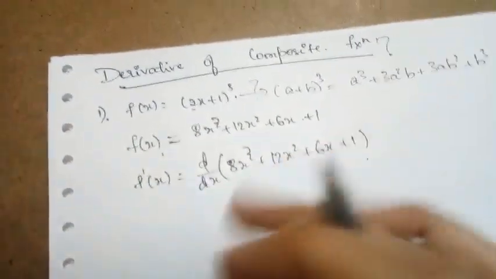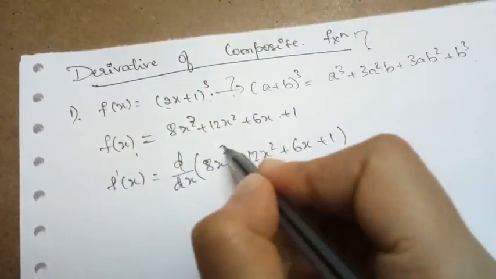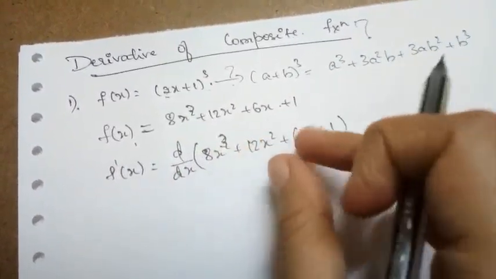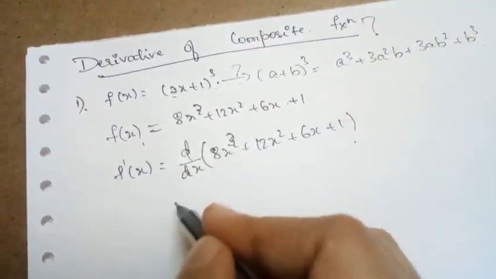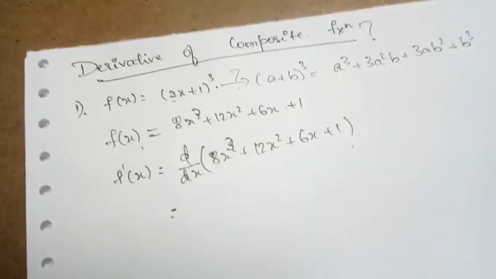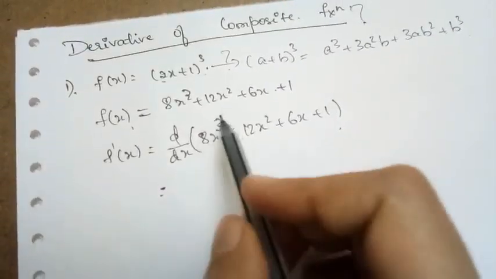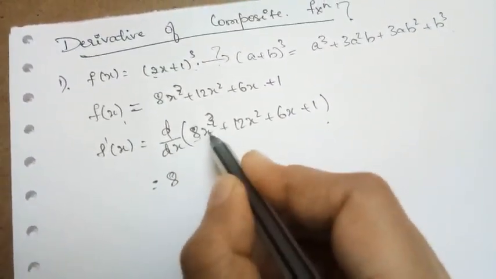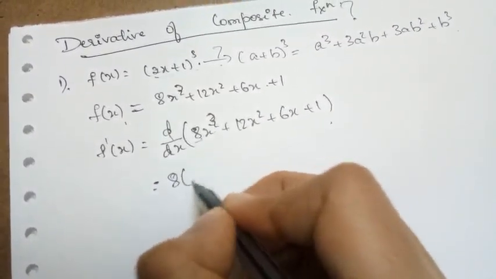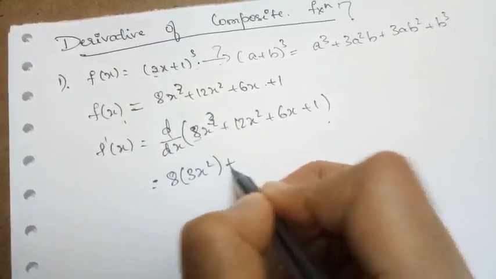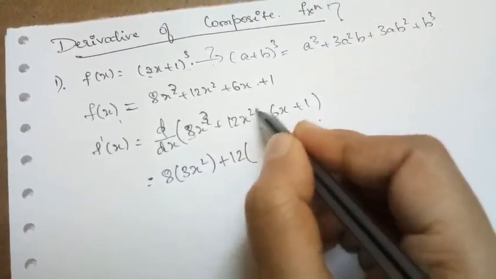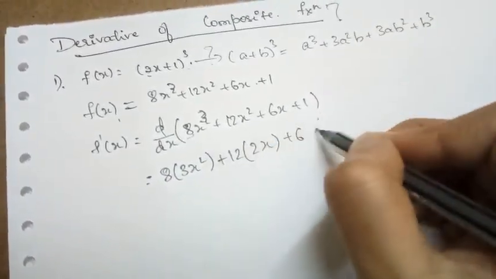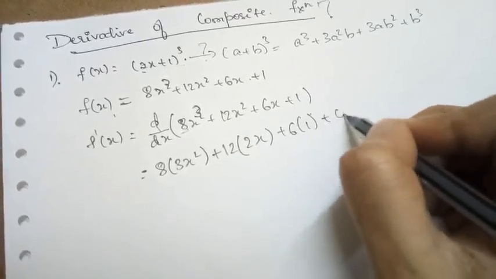Now we know by the algebra of derivatives that the derivative can be split term by term, as we used to find derivatives last year. 8 is a constant, the derivative of x cube is 3x square, plus 12 times the derivative of x square, which is 2x, plus 6 times the derivative of x, which is 1, and the derivative of a constant is 0.